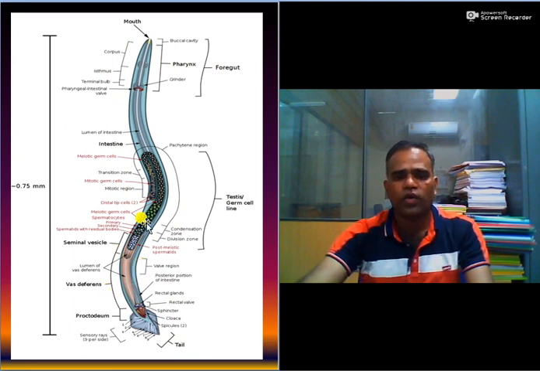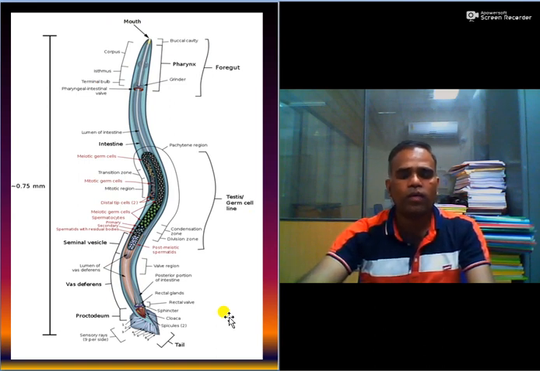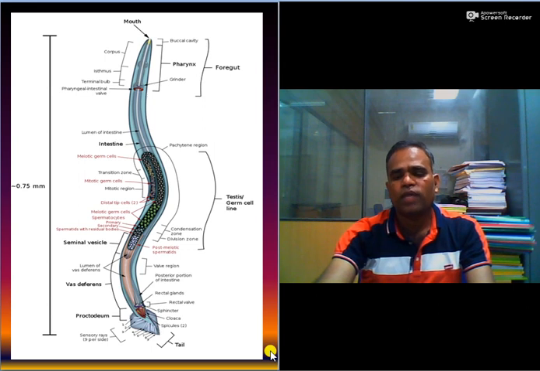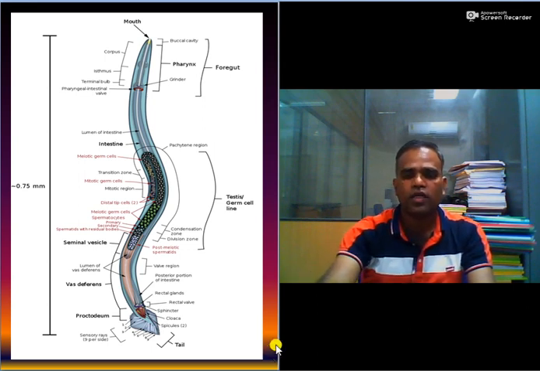They have given all the things here. So you must obtain this figure so that you can get an idea about the whole morphology of the nematode. One may ask questions about the glands in your exam.